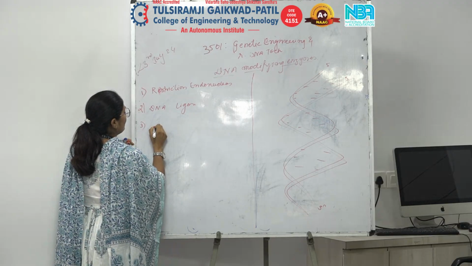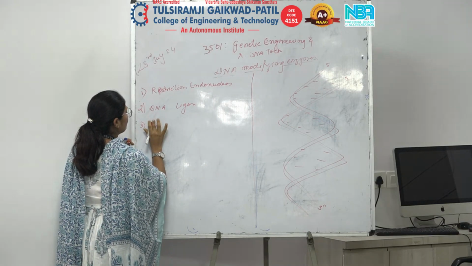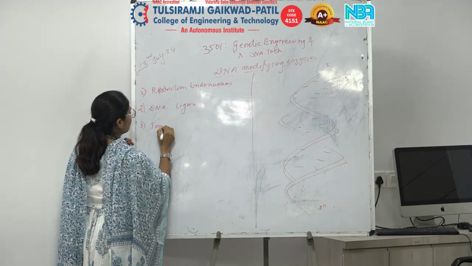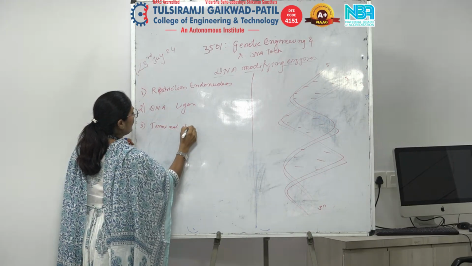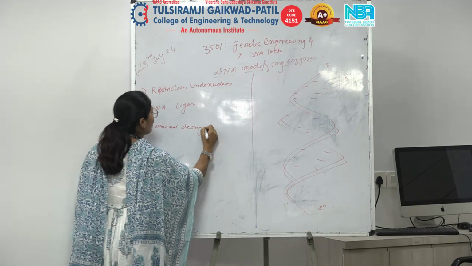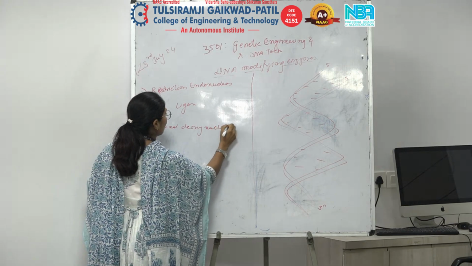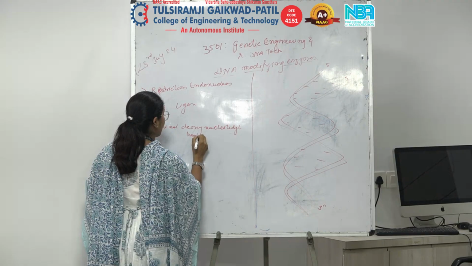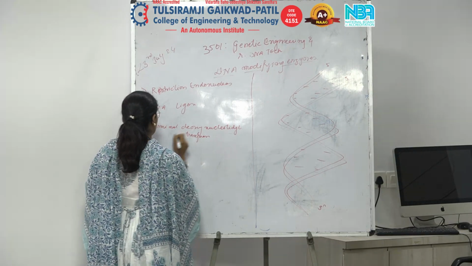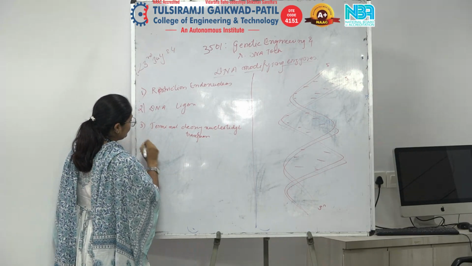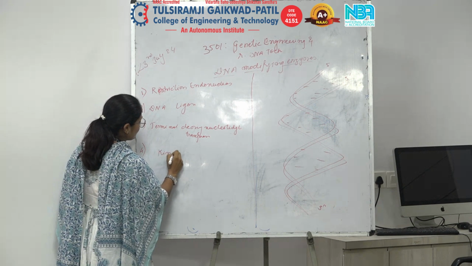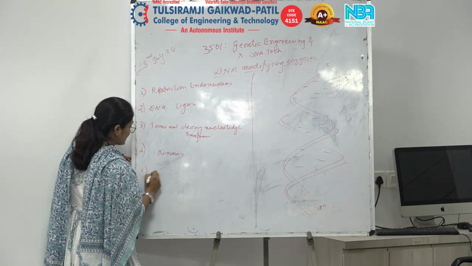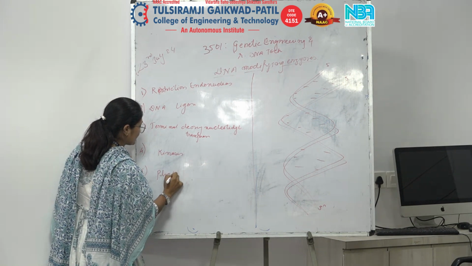Third is terminal deoxynucleotidyl transferases. Fourth is kinases, and fifth is phosphatases.